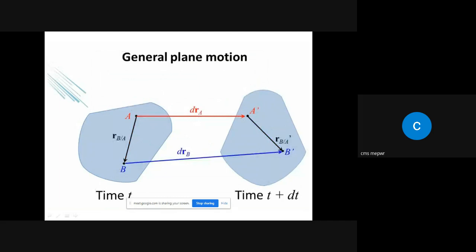As I have told you, I have represented this position with RA, but during an instant, or during a very short period of time, the position vector is again instantaneous, so we can represent it by a differential term. That's why we have represented it over here by dRA and dRB.